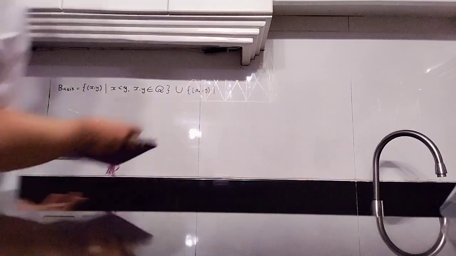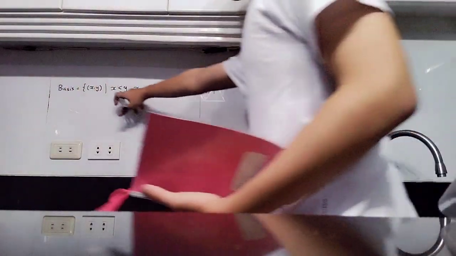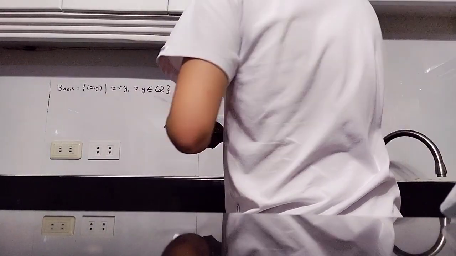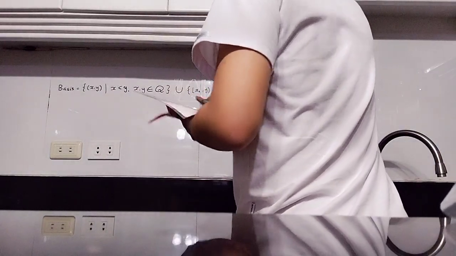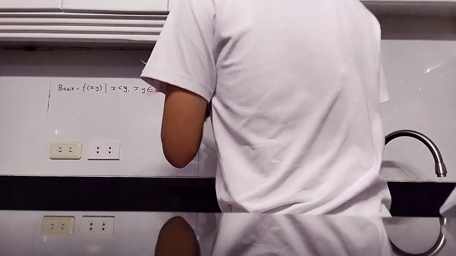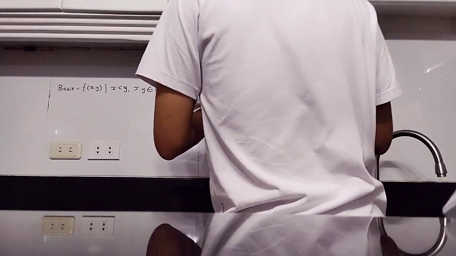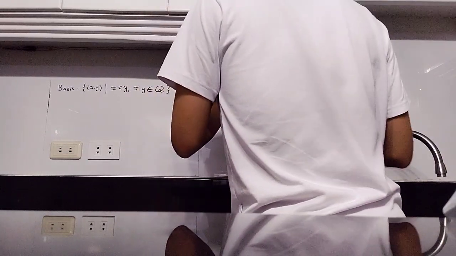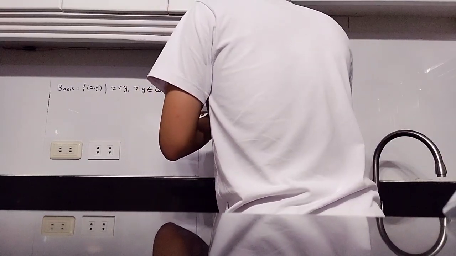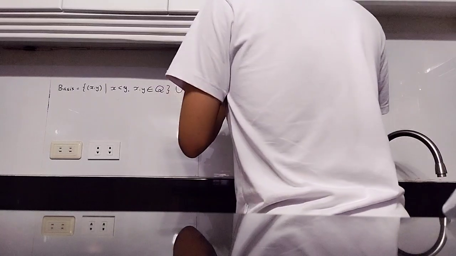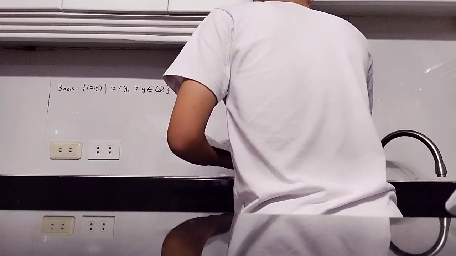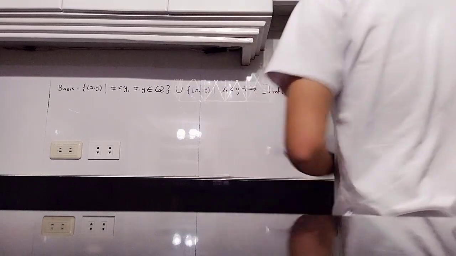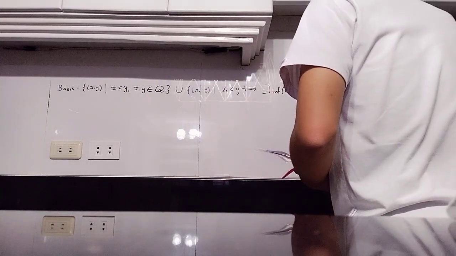So this time I have an x naught, a different element from x, and I have my same y over there. It's a set of all of these intervals, such that x naught is less than y if and only if there exists an infimum of Q, which is defined to be x naught.